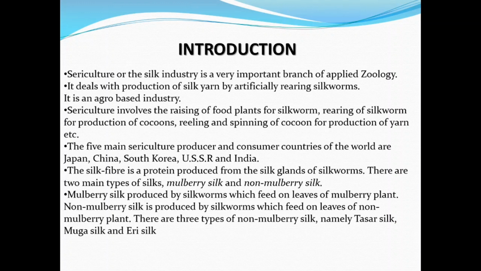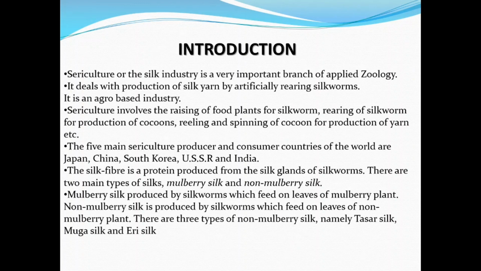There are 5 main sericulture producer and consumer countries in the world, namely Japan, China, South Korea, USSR and India. Silk fiber is a protein which is produced from the silk gland of silkworm. There are 2 main types of silk, mulberry silk and non-mulberry silk.